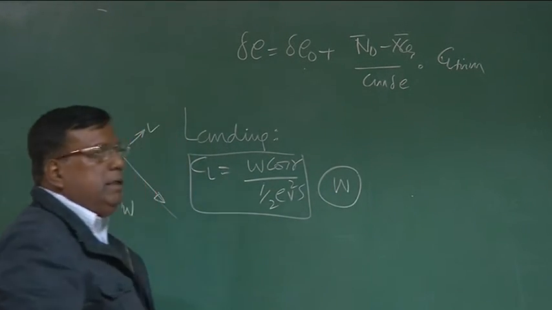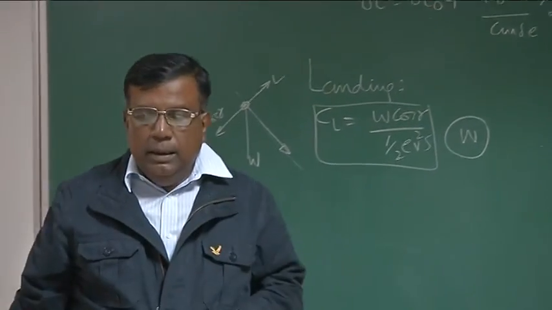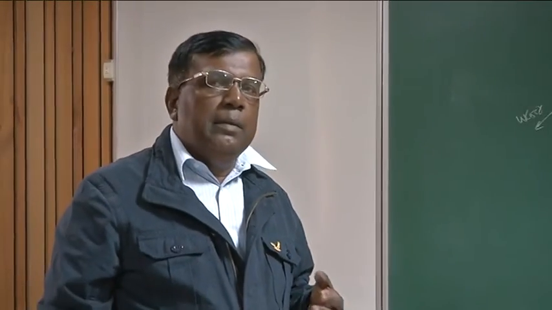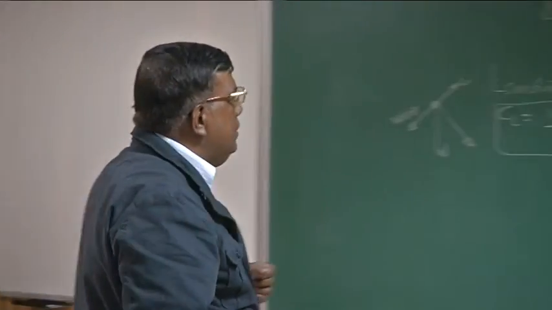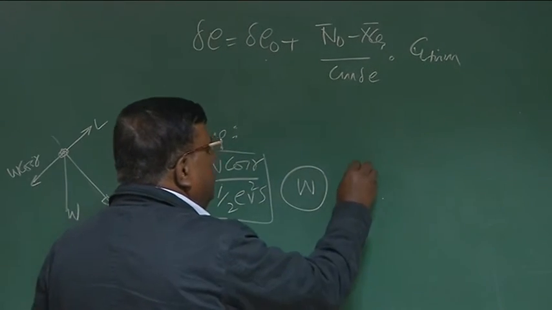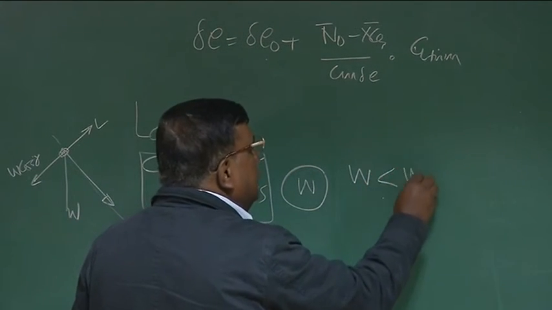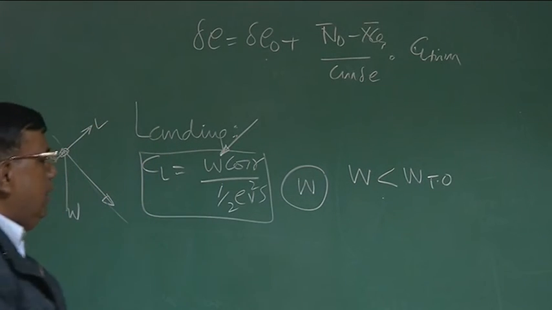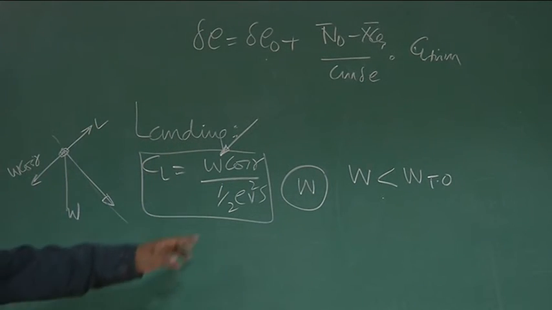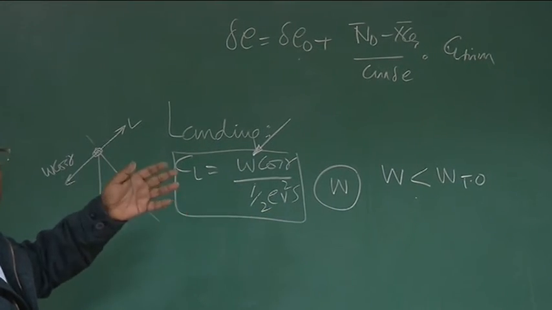What weight should I take? When I am landing, this weight is not equal to takeoff weight, isn't it? Because some amount of fuel is consumed. So this weight will be less than W takeoff, whatever, when you are computing CL. And you have a particular speed, so you know what the CL value is.